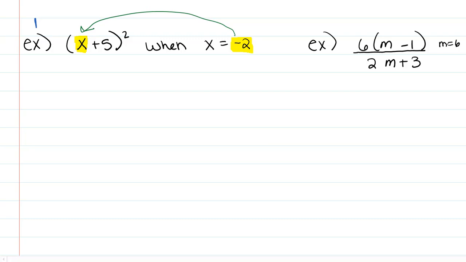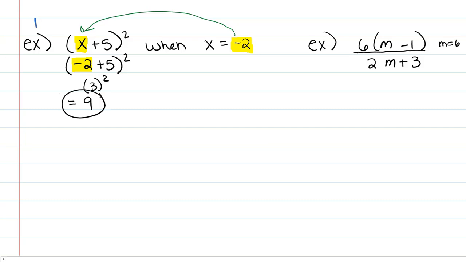And we get -2 plus 5 squared. And that -2 came from replacing the x. All right, and we can use our order of operations now. -2 plus 5 is +3, and +3 squared is 9. So when we evaluate that expression, we get 9.